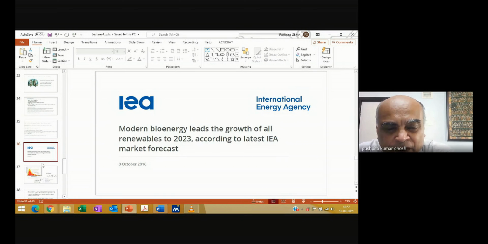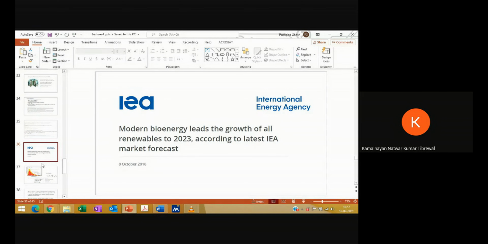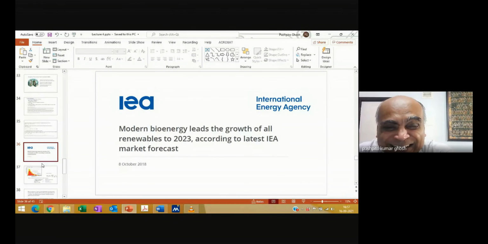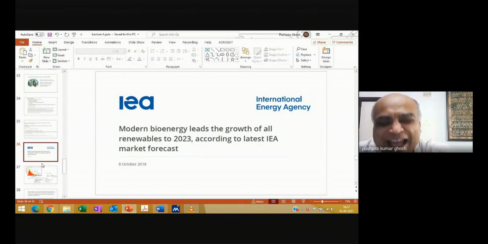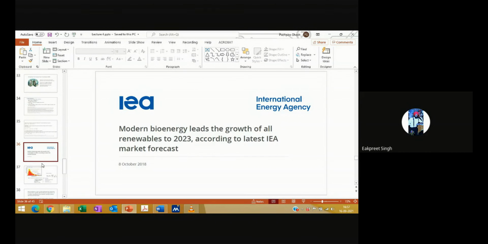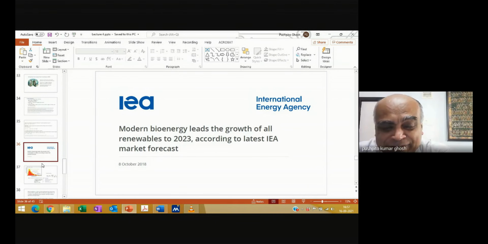Where is it coming from? Sugarcane biomass. I understand that, that's true. But how is sugarcane biomass generated? Photosynthesis. Yes, photosynthesis. That is the fundamental process.